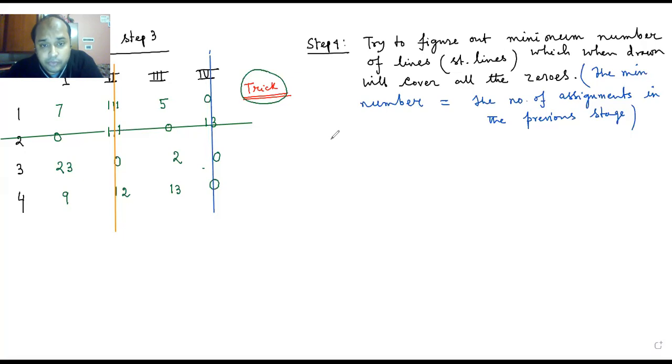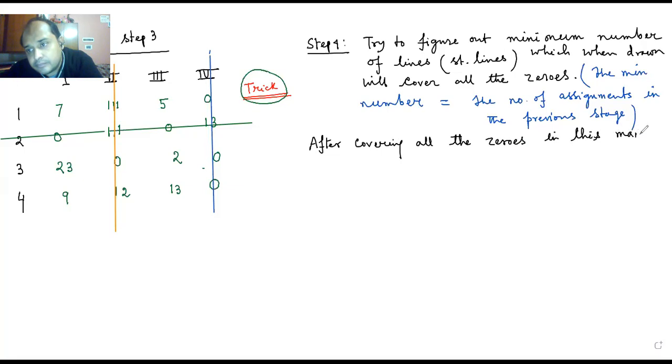Further part of step number 4. After covering all the zeros in this manner, find the minimum of all the uncovered elements.